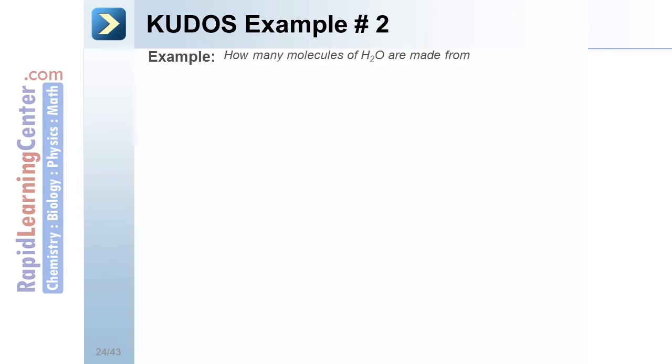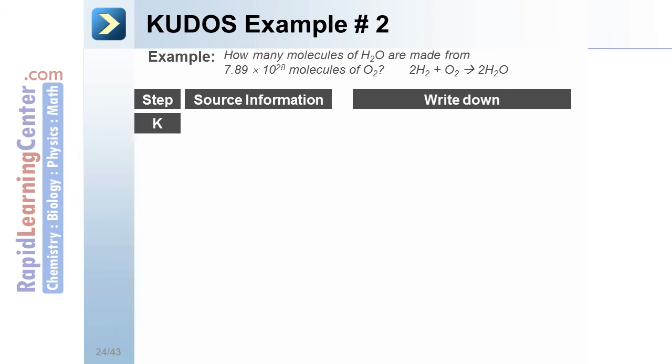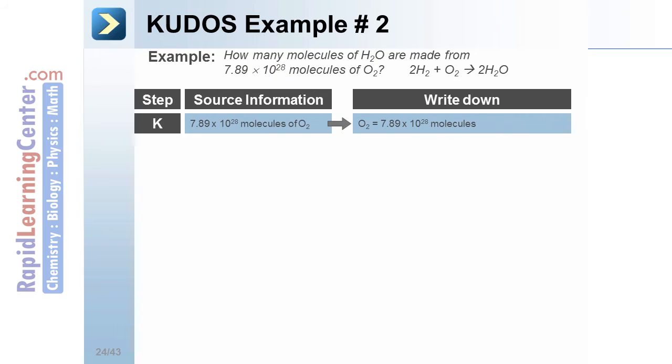The KUDOS method can be used to work stoichiometry problems that are given in word form. Step K. Identify the known information. Step U. Identify the unknown.